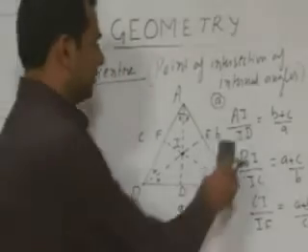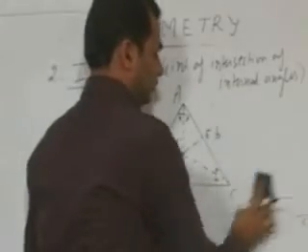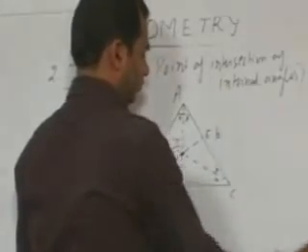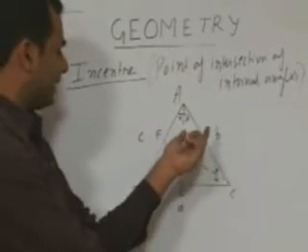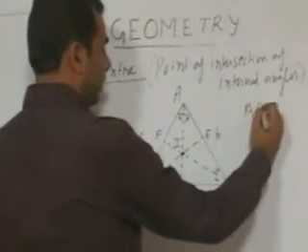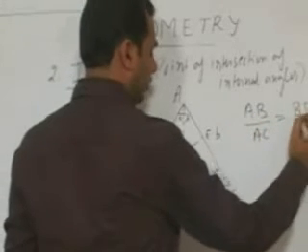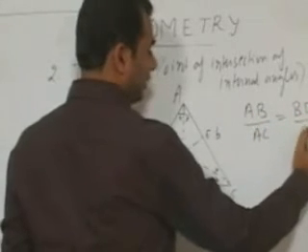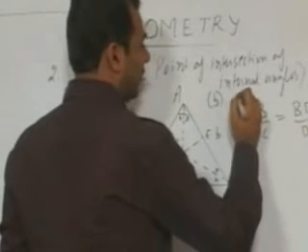The second thing related with the angle bisector is that, in this case, we can also say that AB upon AC is always equal to BD upon DC, and this is basically the angle bisector theorem.